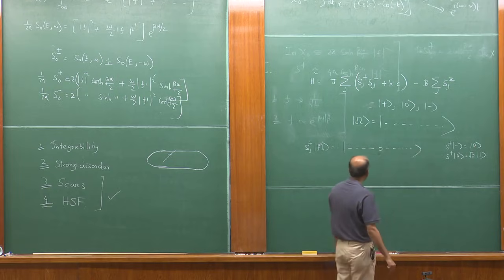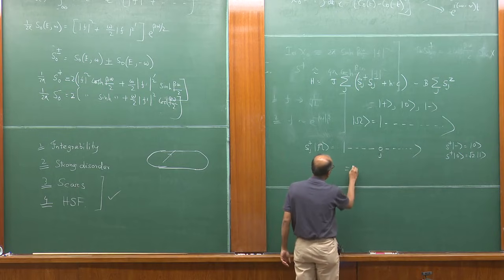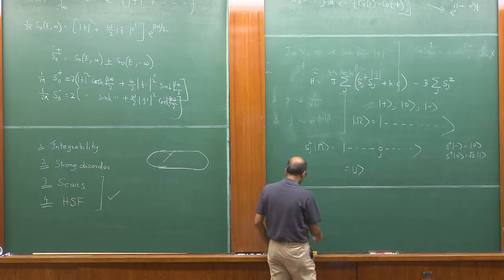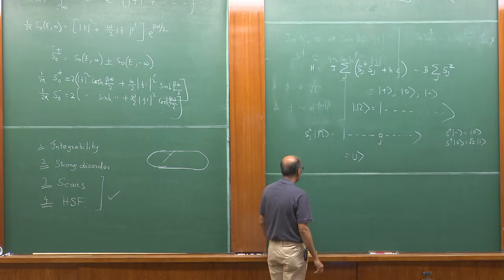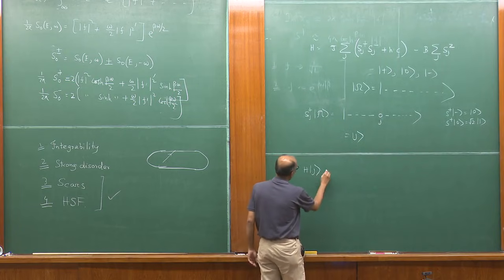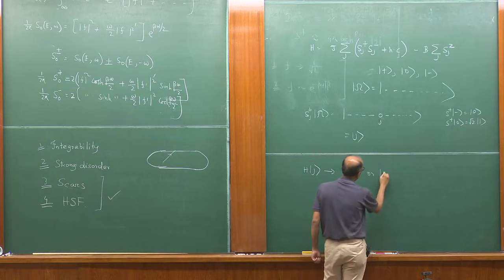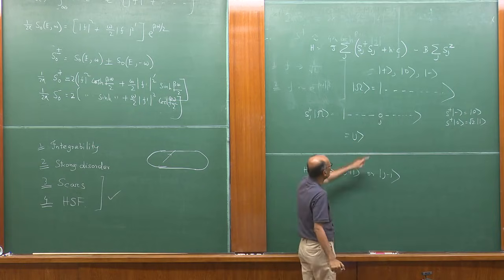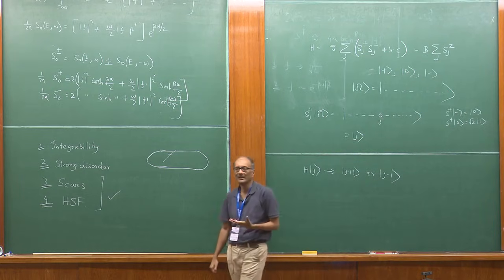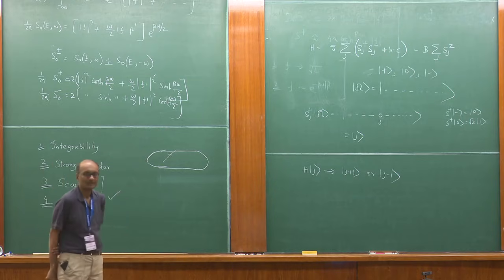So if this is a state I call j, then H acting on j can give me a state which is j plus 1, or a state which is j minus 1. It can't give me any other state, because acting anywhere else is just going to annihilate it. Is that part clear?